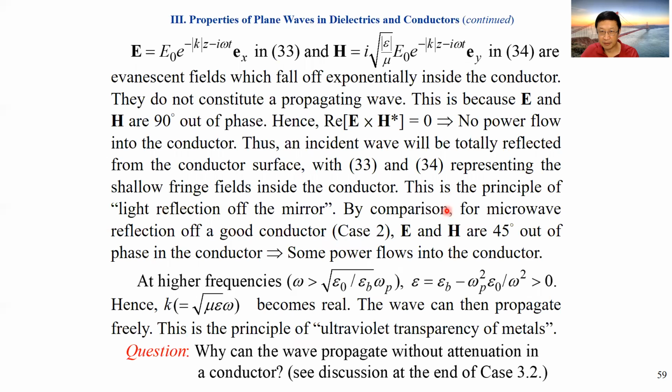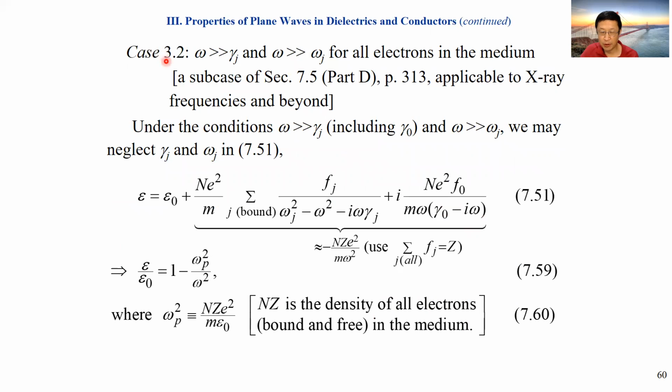Okay, move on. Case 3.2. Let's consider this case again. Omega is greater than omega j, and greater than gamma j, for all electrons in the medium.